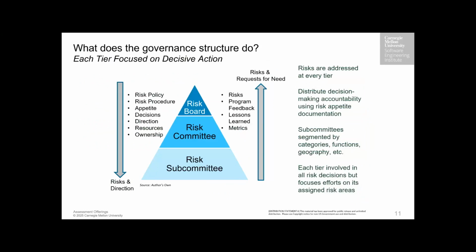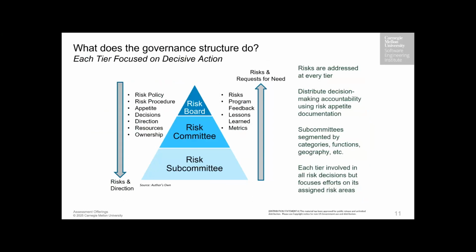You'll see that at the board level, we're developing the policy, the procedure, or actually more at the risk board, the executive level, they're deciding what the policy should be. Maybe they're approving it. And then what they're saying to risk committee and others below, they're saying, hey, cascade this down the organization and make sure that people at the lowest level understand what their duties are with respect to risk management in that organization.